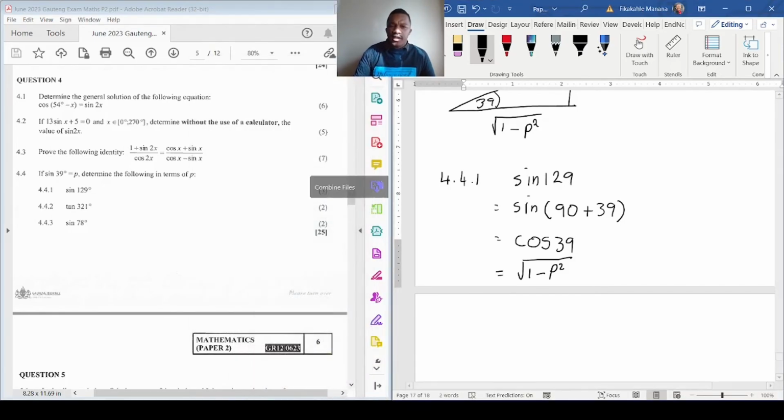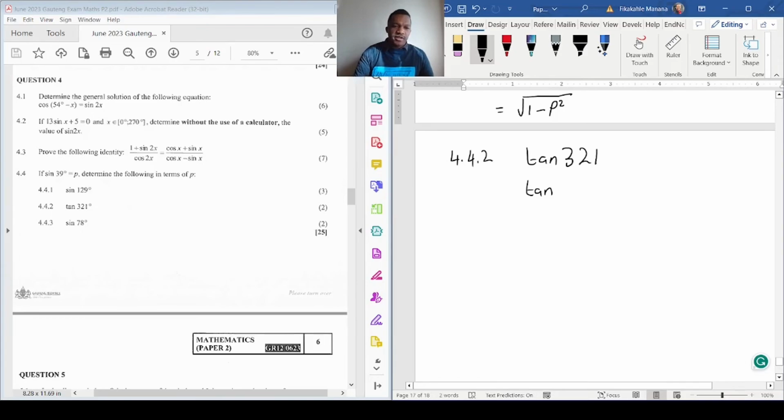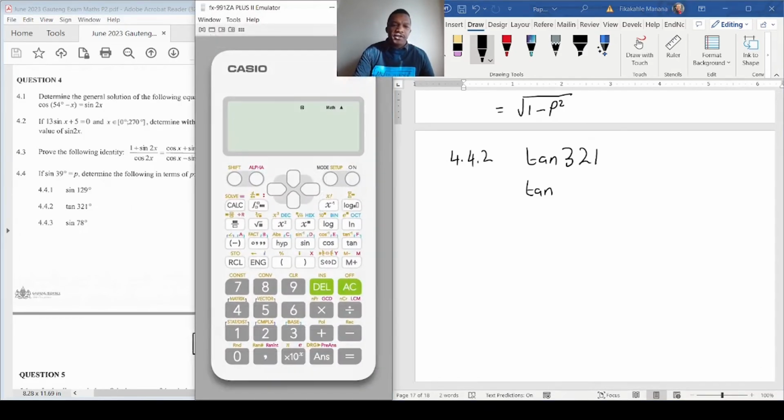Okay, thank you, calculator. Let's go to the next question, which is 4.4.2, and we have tan 321. Now we need to rewrite 321 in terms of our reduction formula. Let's see. If we say 360 minus 39, that gives 321. Cool.